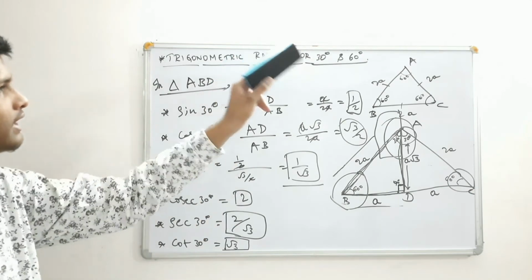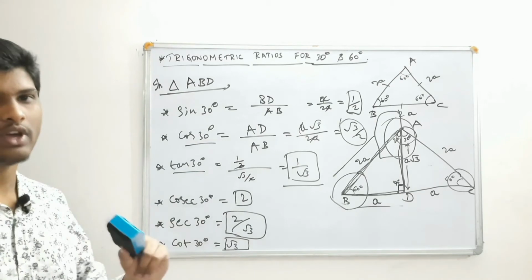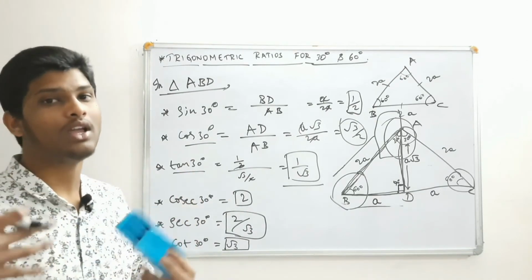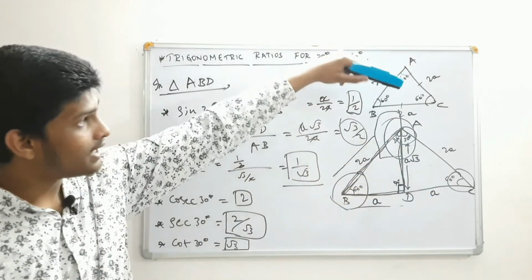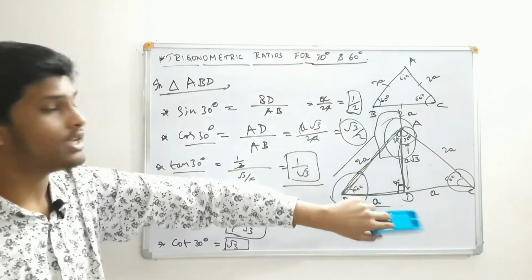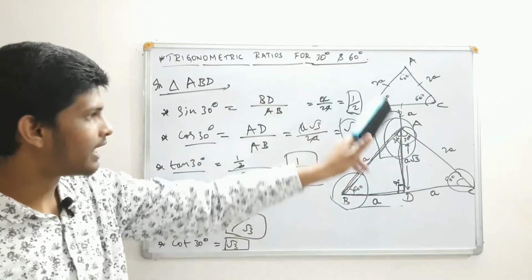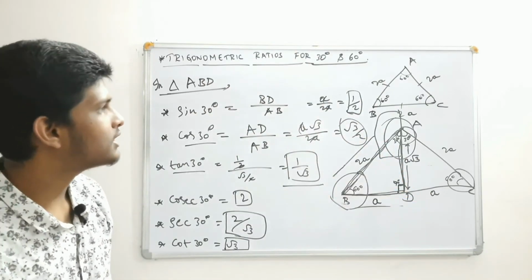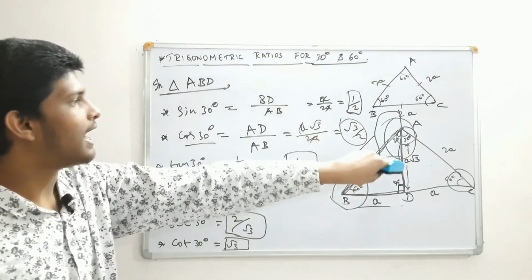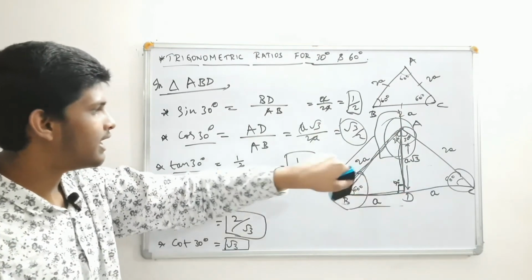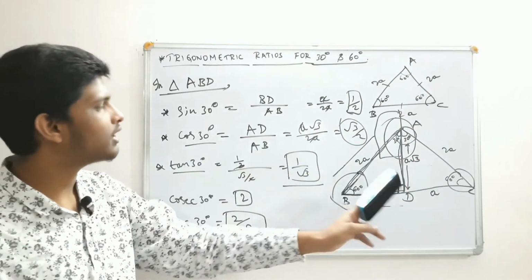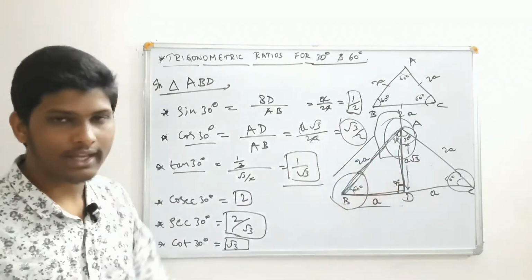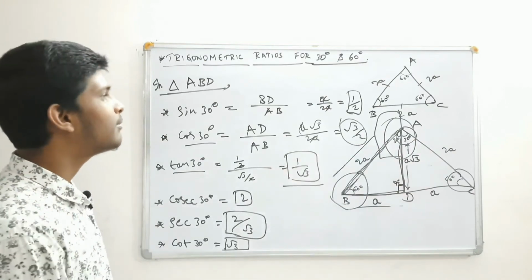And as I said, this 30 degree and 60 degree derivation is very important, because in all those things we are considering the right angle triangle, but in this we considered an equilateral triangle, and we reduce it to a right angle triangle by taking the median or the angle bisector or the perpendicular to base BC, and from that the angle will be bisected to 30 and we consider all sides to be 2A, and if it bisects here it becomes A. We find the height of the triangle, that is A root 3, that is the length of AD, the perpendicular length.